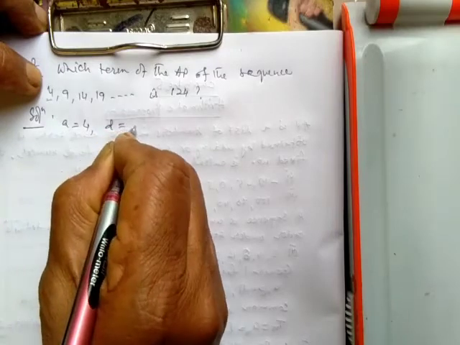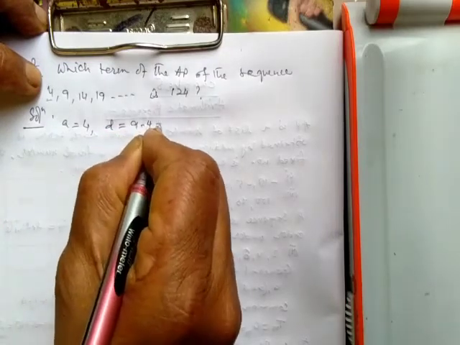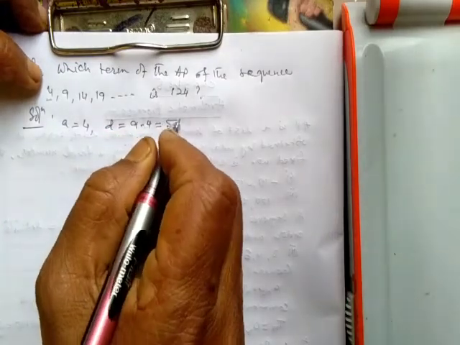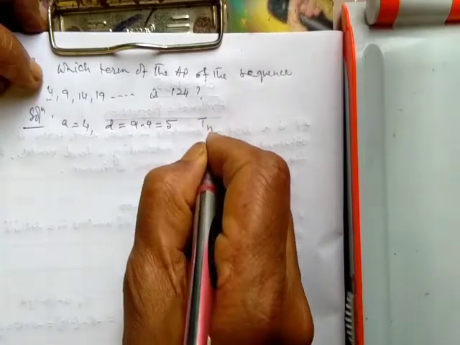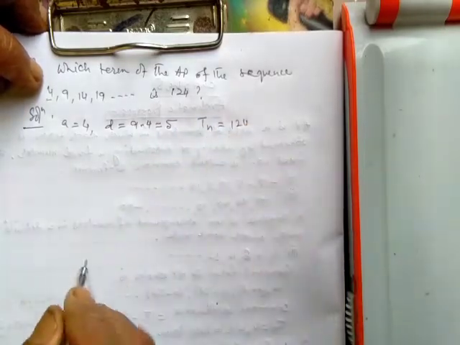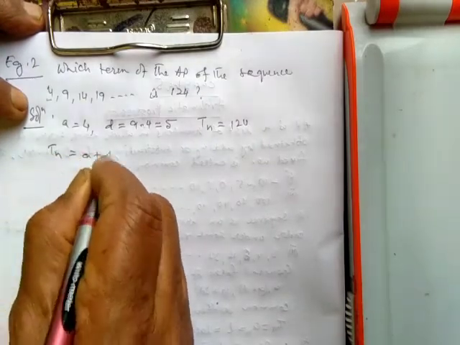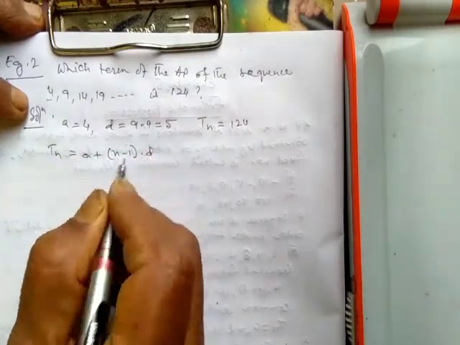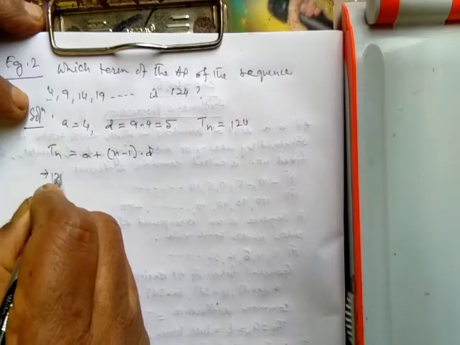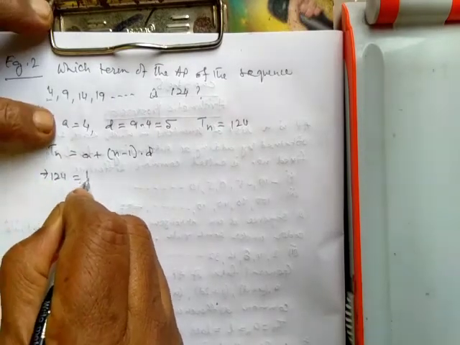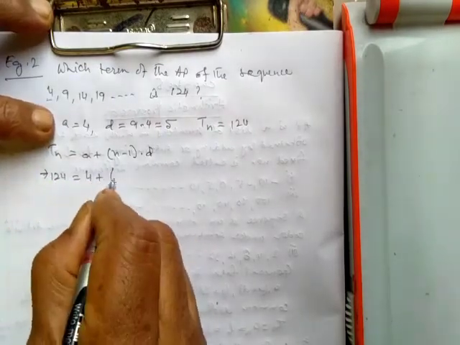Common difference d is equal to second term minus first term, which is 5, and the nth term they have given is 124. So according to our formula, Tn is equal to a plus (n minus 1) into d. 124 is equal to 4 plus (n minus 1) into 5, where n we have to find out.